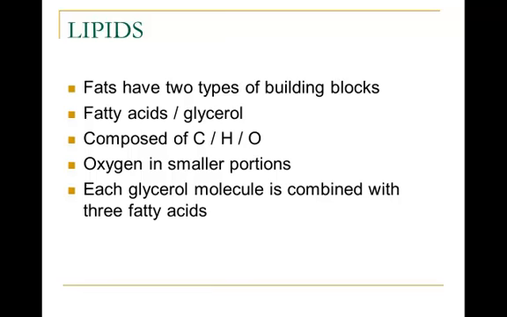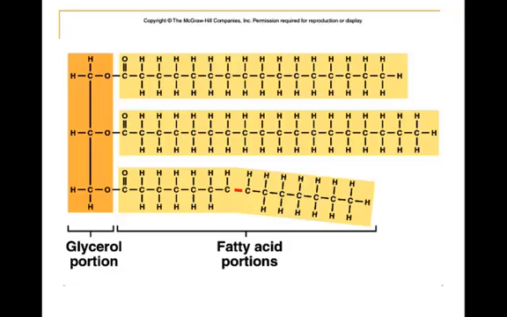Lipids have 2 types of building blocks. I'm going to go to the next slide. They have fatty acid chains, you see that here, and they have a glycerol portion here. They also are composed of carbon, hydrogen, and oxygen, but the oxygen is in smaller portions. Generally speaking, lipids have 3 fatty acid chains.